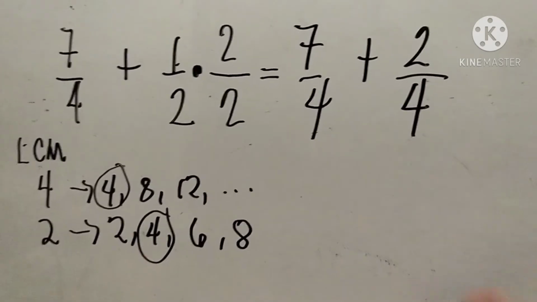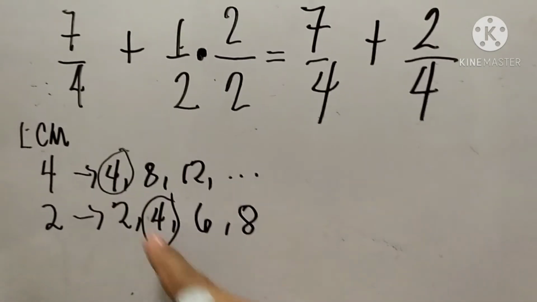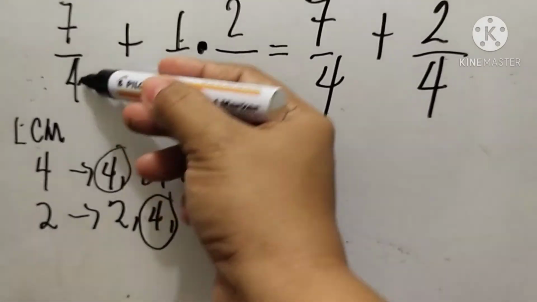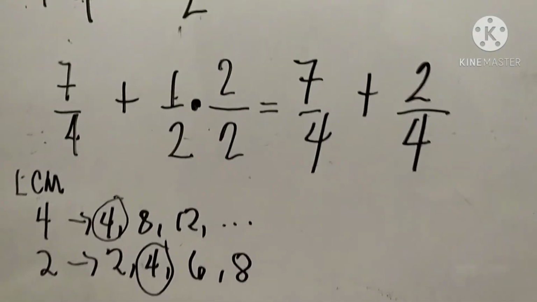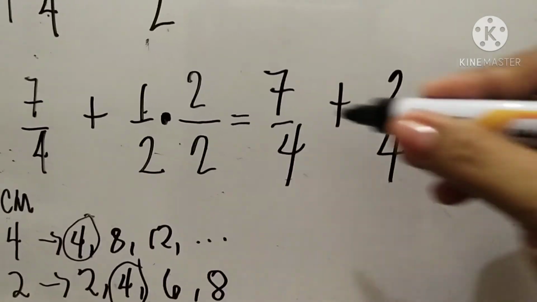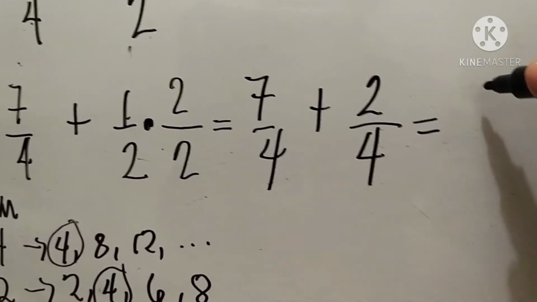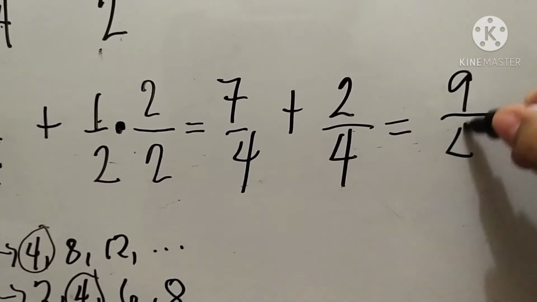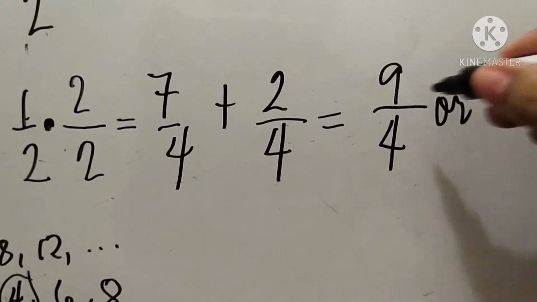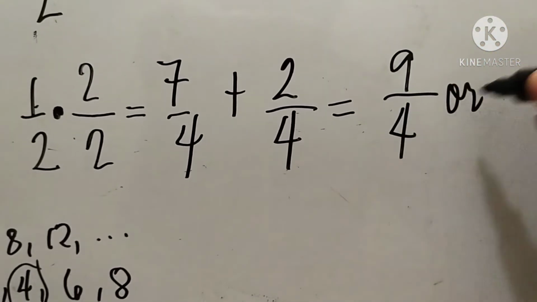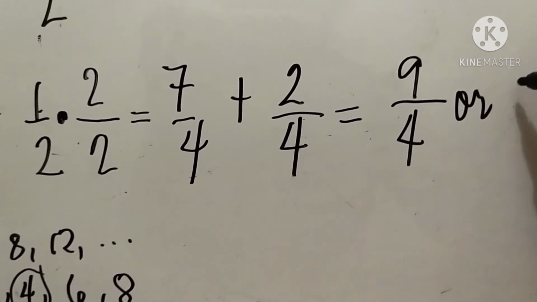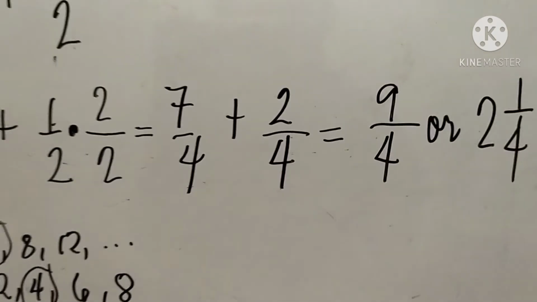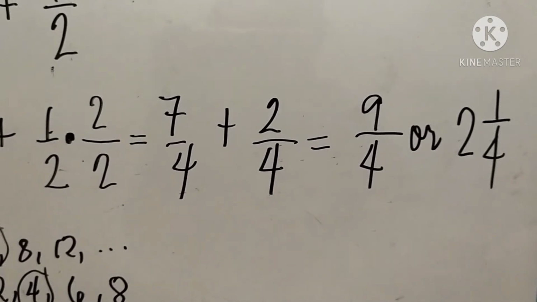Our least common multiple is our least common denominator. Since the denominators are equal, you can now add the numerators, and that is 9 over 4. Since the numerator is bigger than the denominator, we can write it in mixed number, that is 2 and 1/4.